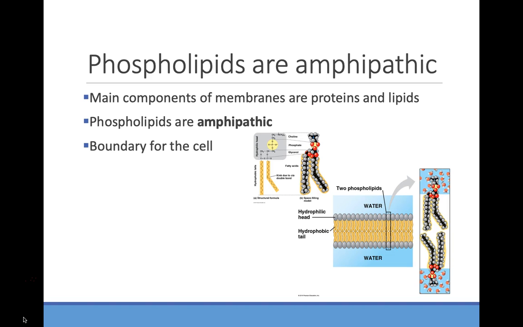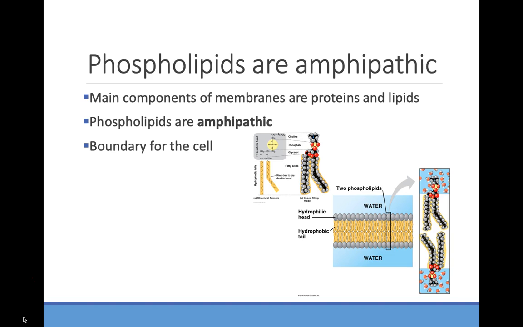It's hydrophobic and nonpolar. And so that positive end works really nicely to interact with water, whereas the other end, the tails, work really nicely to interact with each other. And what this produces is something called a lipid bilayer, or a phospholipid bilayer.